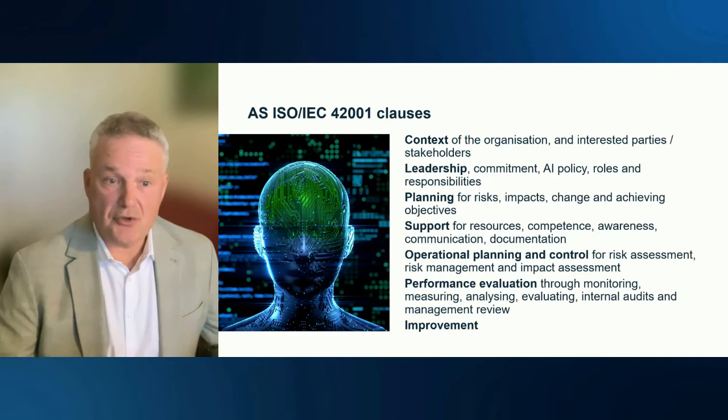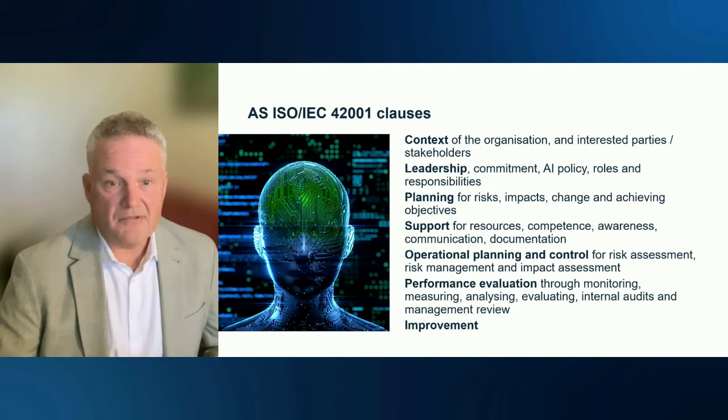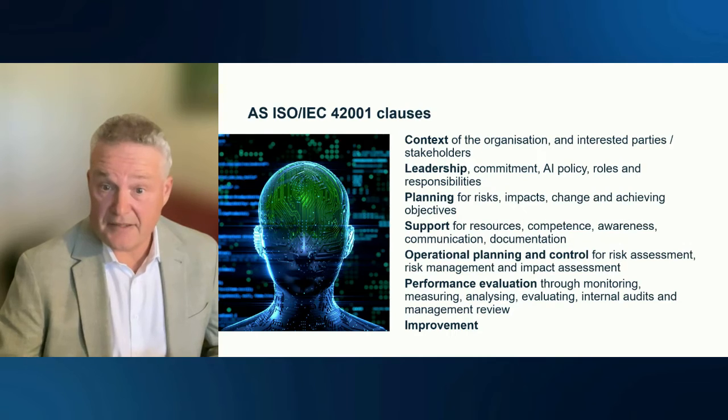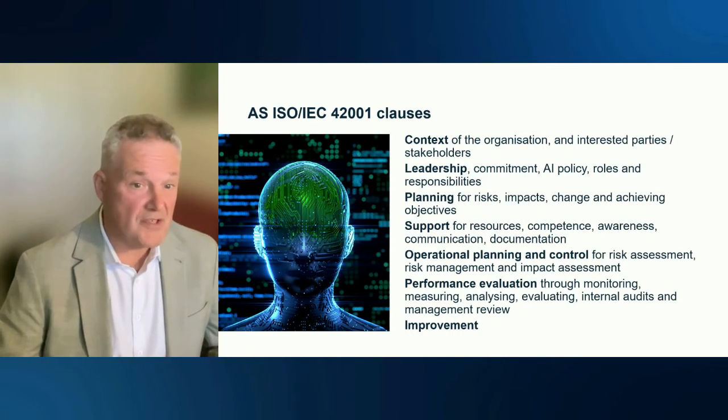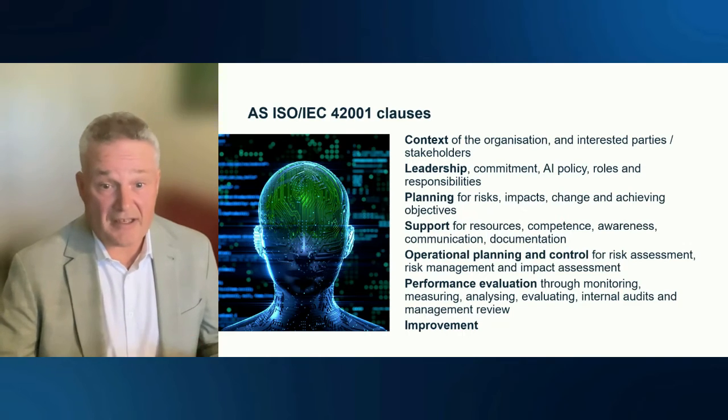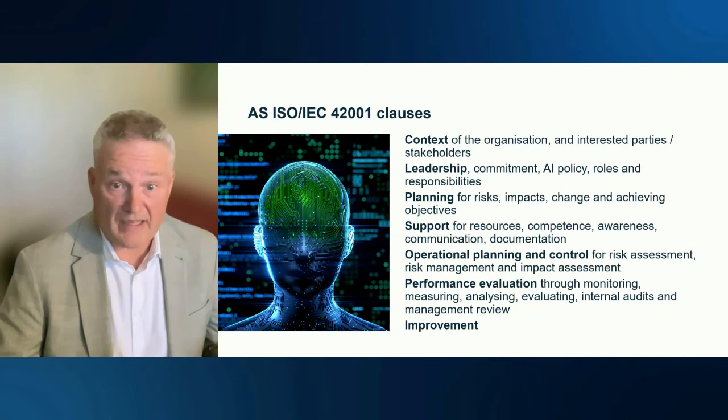Now, those external issues that were mentioned should take into consideration legal obligations, policies and guidelines issued by regulators, incentives or consequences associated with the purpose of the AI system, culture, tradition, norms, and ethics. And the internal issues relate to the organization's objectives related to AI, and more on that later.